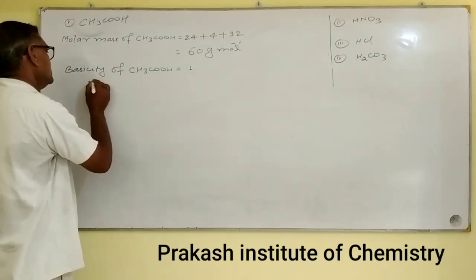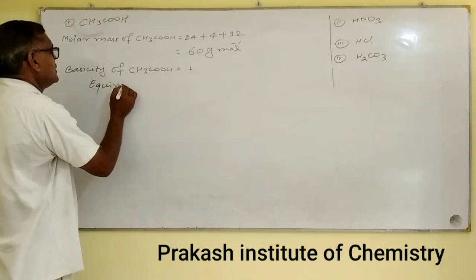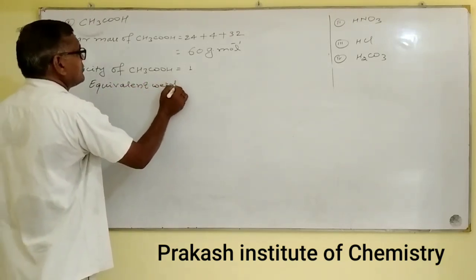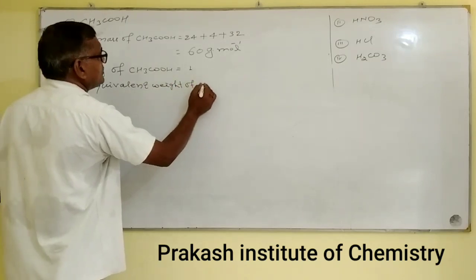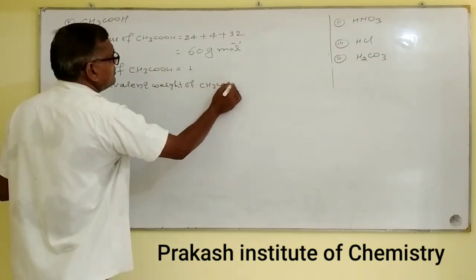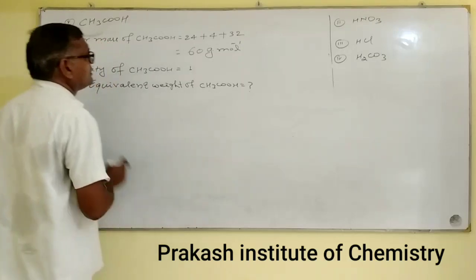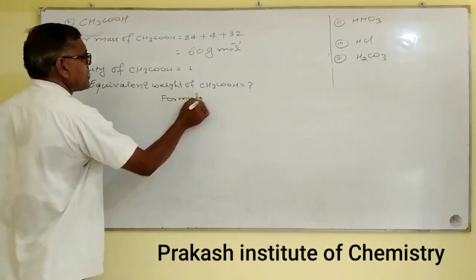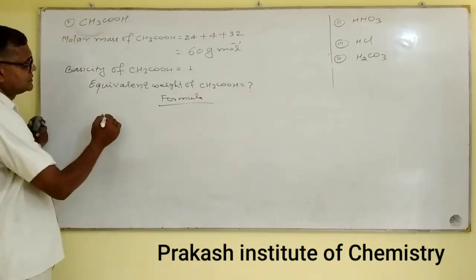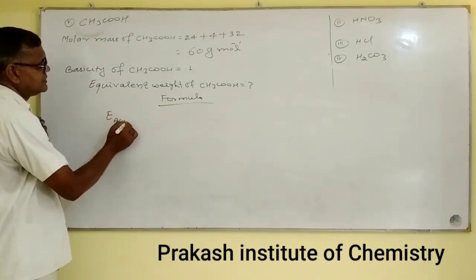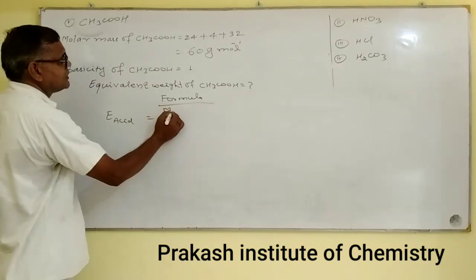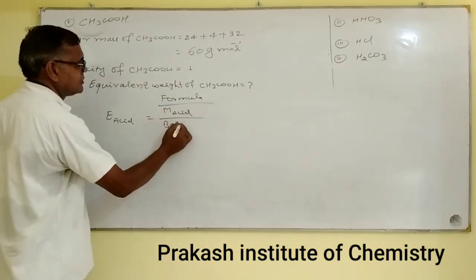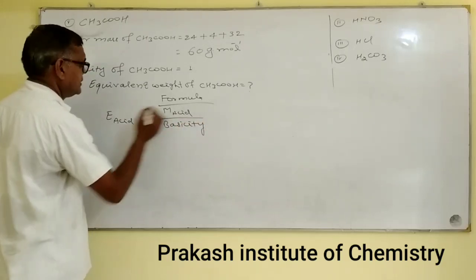Here we write equivalent weight of CH3COOH is equal to what? We write formula: E acid is equal to M acid upon basicity.